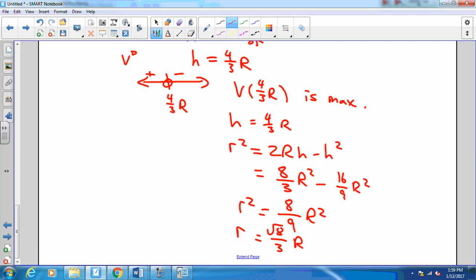Wait, what is the domain, 0 to 2R, closed or open? Open, because having h equals 0 would mean I didn't make a cone. But even if I took it as a closed domain, from 0 to 4/3 R, my function is increasing and then decreasing, right? So there's only one option, and that's the max.